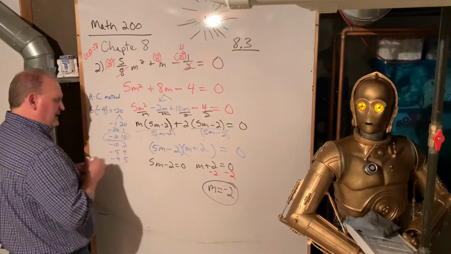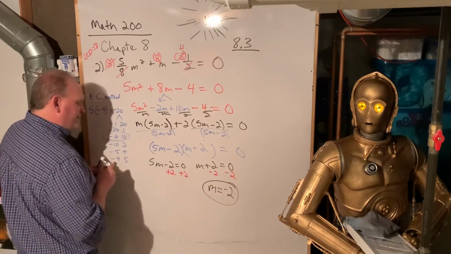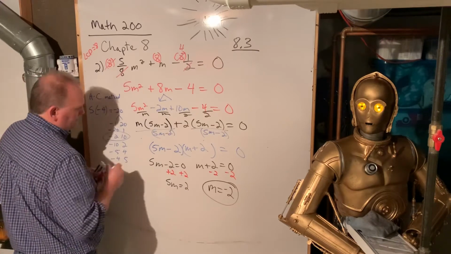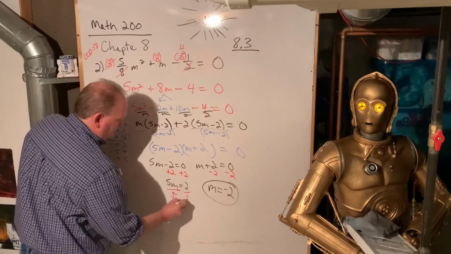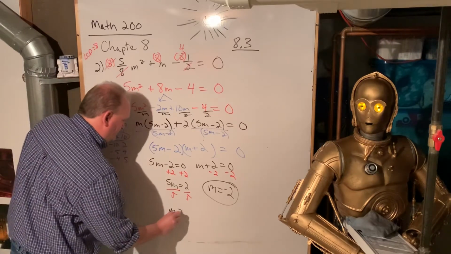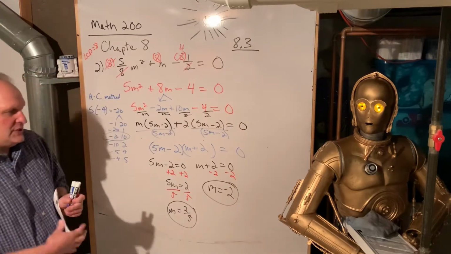This one is a little tougher. We add 2 and then divide by 5. So m is equal to 2/5. All right, so two solutions.